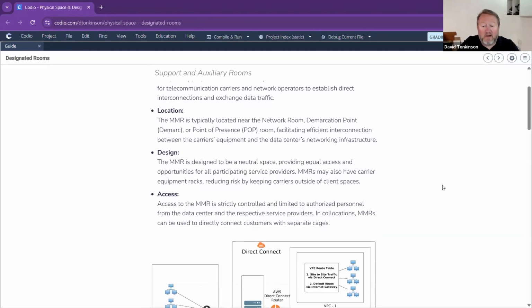These are located near to our network rooms, near demarcation points, and near points of presence rooms. They tend to interconnect all these things going outwards. It's designed to be a neutral space, providing equal access to all participants taking part in there.